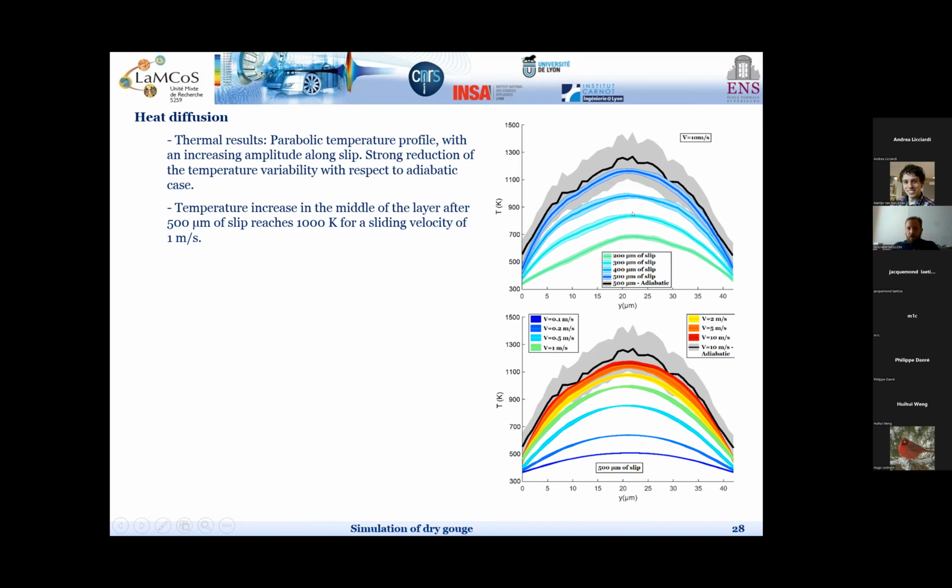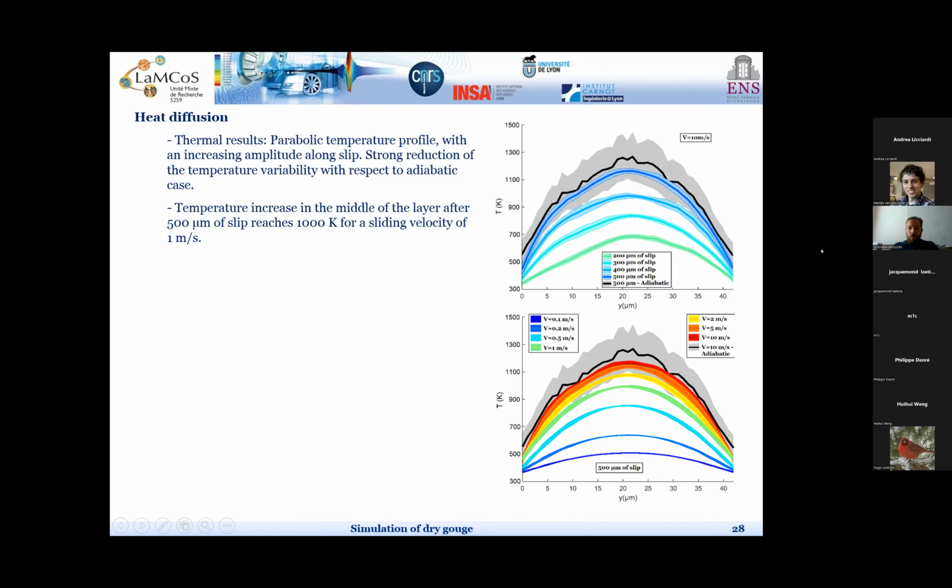And these are the other temperature profiles when we increase the slip length. So we see that temperature is steadily increasing inside the sample with a somewhat parabolic profile, and after 500 micrometers of slip, we are starting to get closer to the melting point of most minerals in the fault gouge.